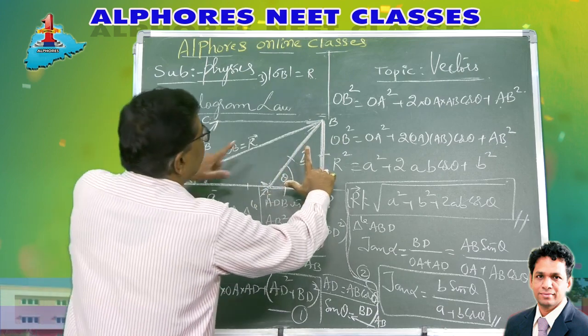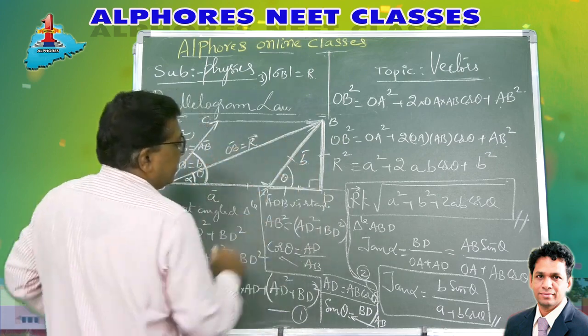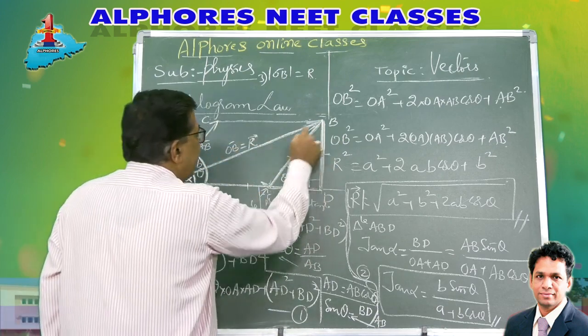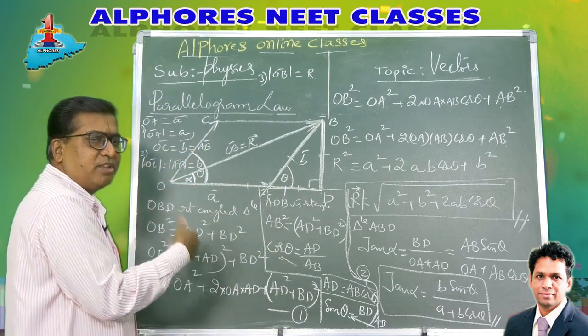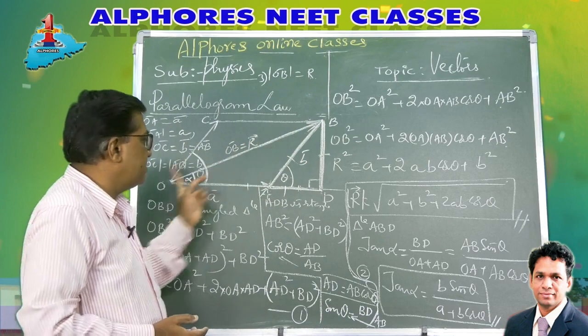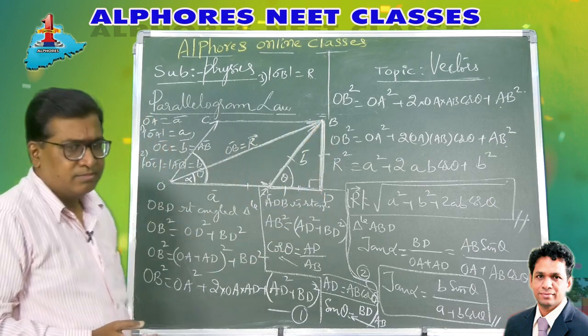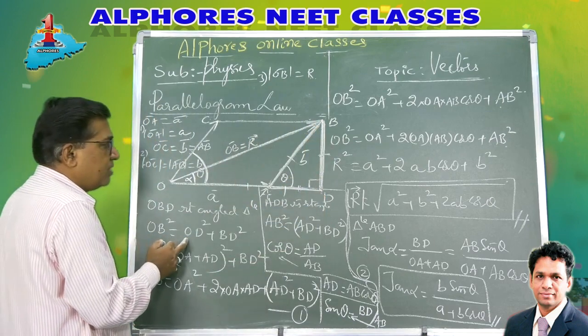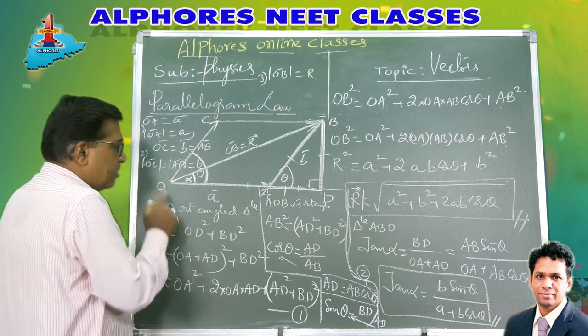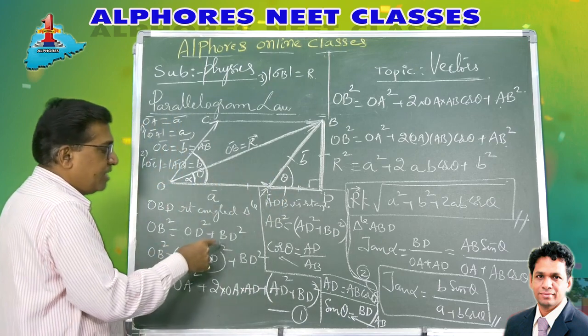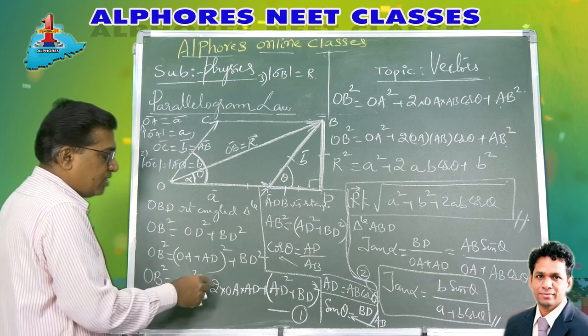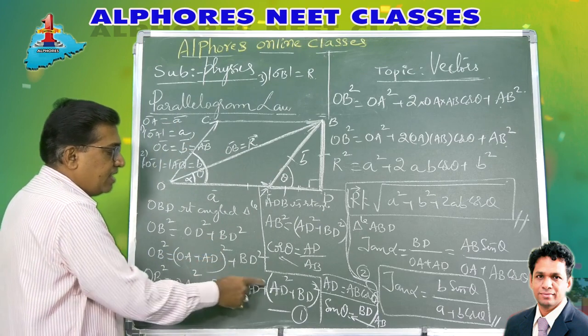So make a right angle triangle like this. So OBD is a right angle triangle. From OBD right angle triangle, apply Pythagoras theorem. So OB square is OD square plus BD square. But what is OD? OA plus AD. So OA plus AD whole square. Square upon OA square, 2 OA AD, AD square and BD square.